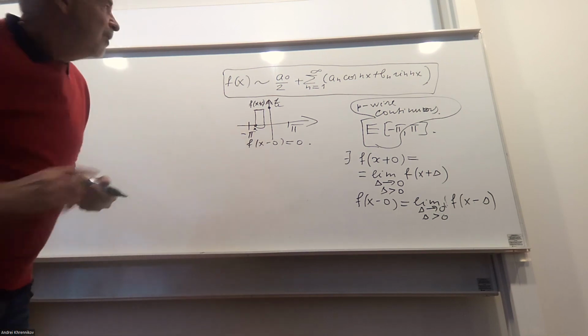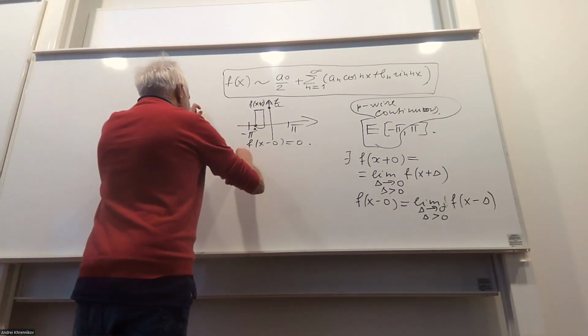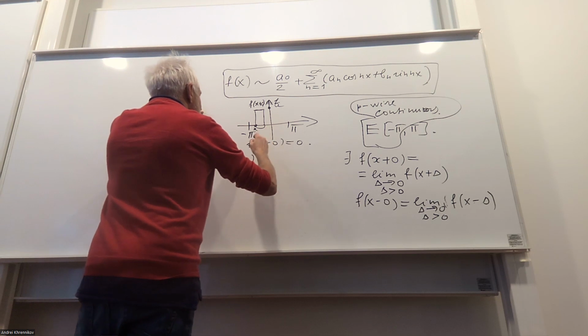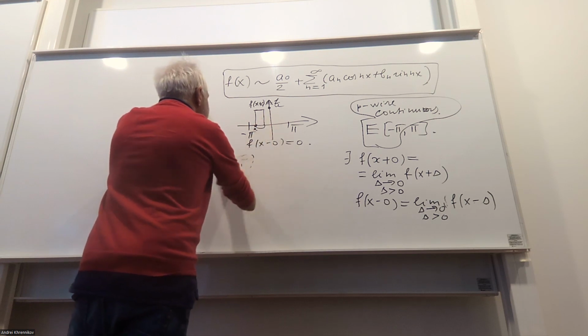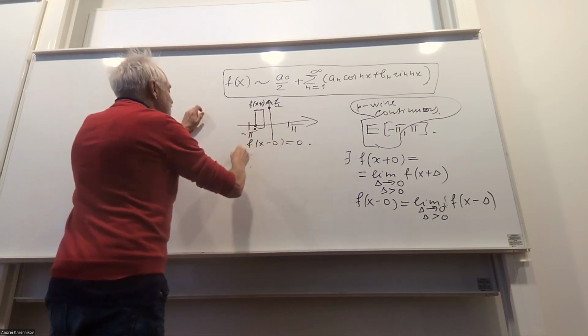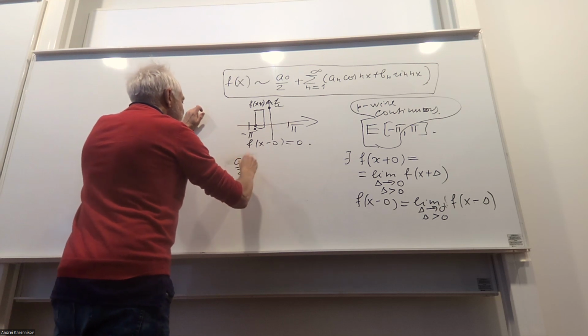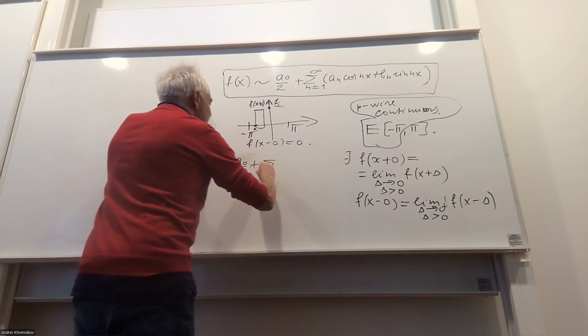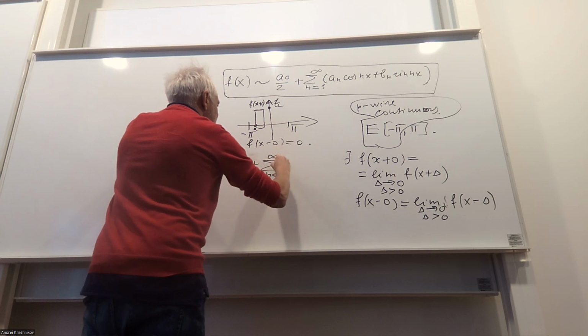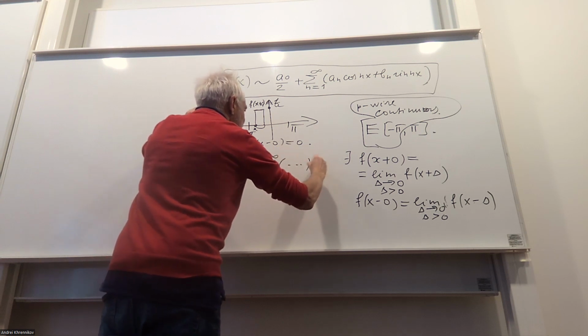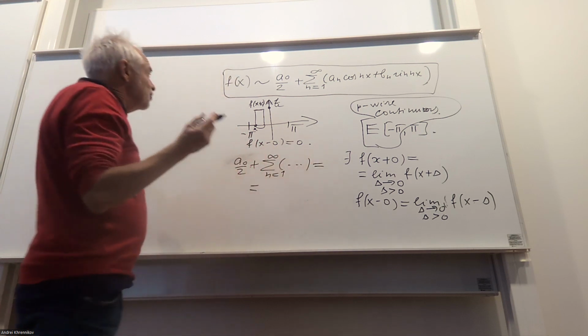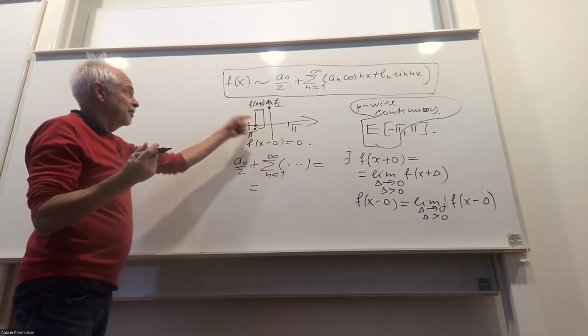So we hope that at this point the Fourier series, A0 divided by 2 plus the sum, would converge not to f(x), because f(x) is not defined here.